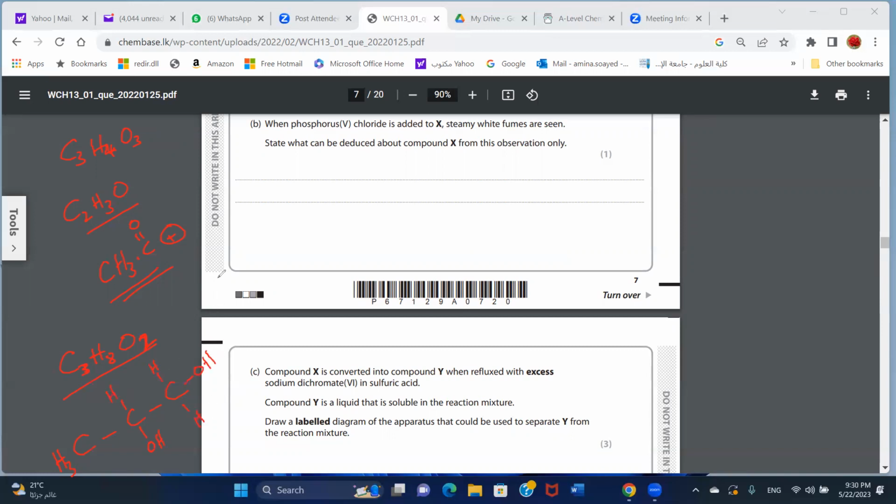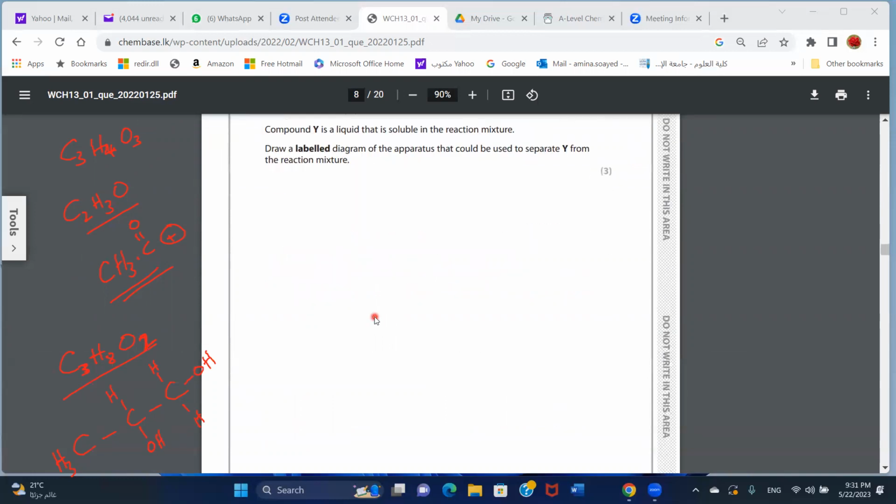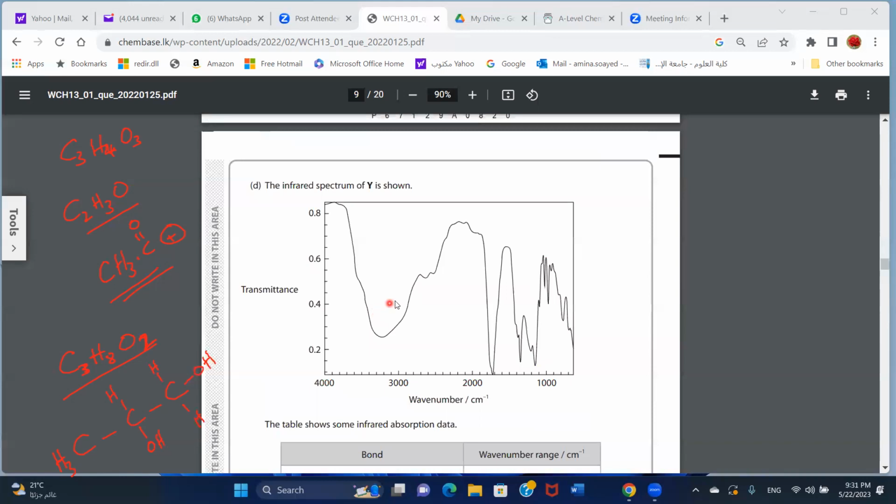Yes, this is the right structure because now we have 8 hydrogens, 3, 4, 5, 6, 7, 8, and 2 oxygens. And then when compound X was heated with potassium or sodium dichromate in sulfuric acid, compound Y was formed. And we have seen that compound Y contains a carboxylic group.